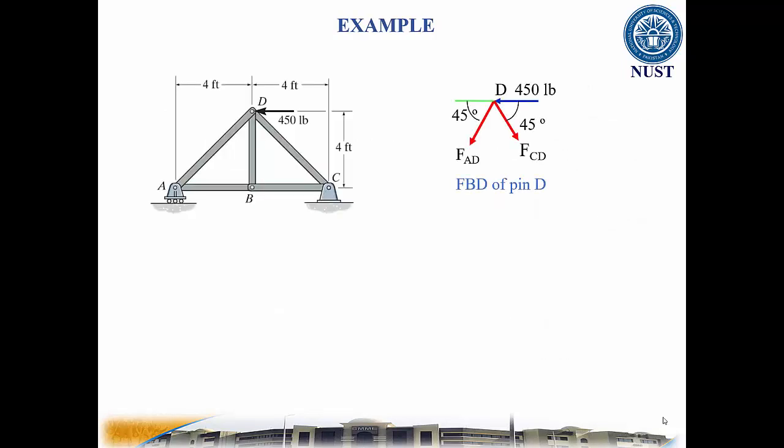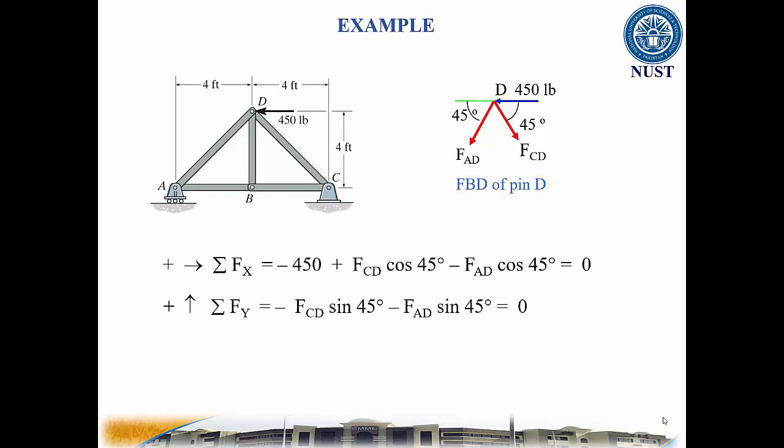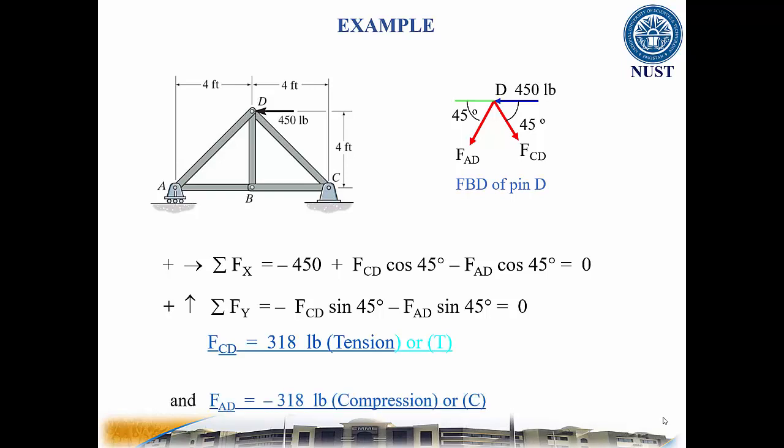Now applying the equation of equilibrium in the x direction, repeating in the y direction, we get two equations and two unknowns. Solving these two equations simultaneously, we obtained force in the CD member 318 pounds in tension. Similarly, in the member AD, which is minus 318 pounds, meaning that it is compression force.